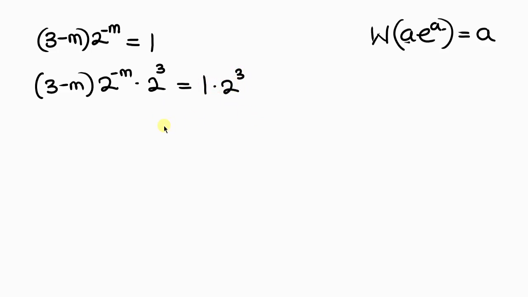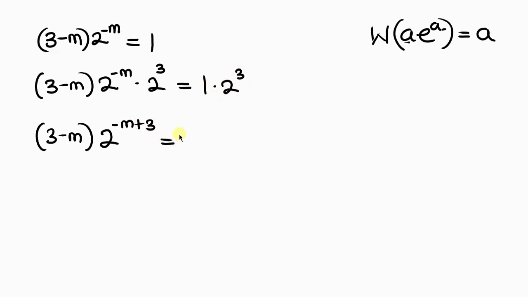Now this becomes 3 minus m times, from indices, we can combine the base, just write down one of the base, and add the powers. So minus m plus 3. That is it. This is equal to 2 to the 3, which is 8.